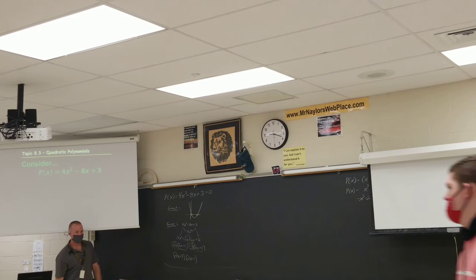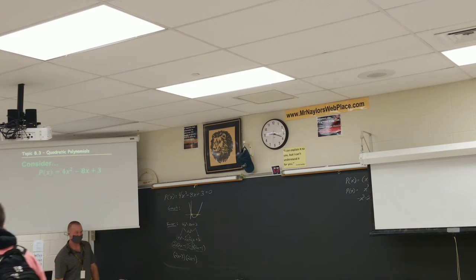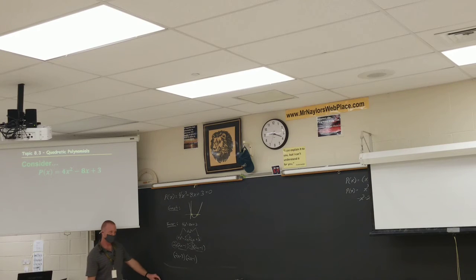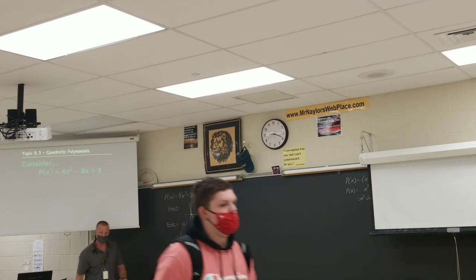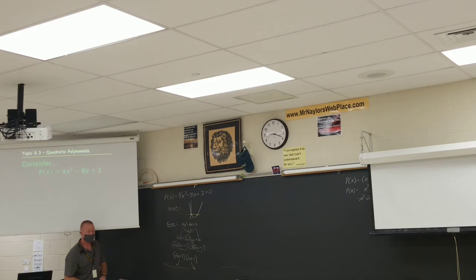You always use those one time. Okay, now remember, the whole reason that we set up these factors was so we could solve for the zeros. Some of us might need to think about this off to the side. Some of us, maybe you can just do this mentally. But the zeros are going to solve each of these factors. Add 3 and divide by 2, and you get 3 halves.